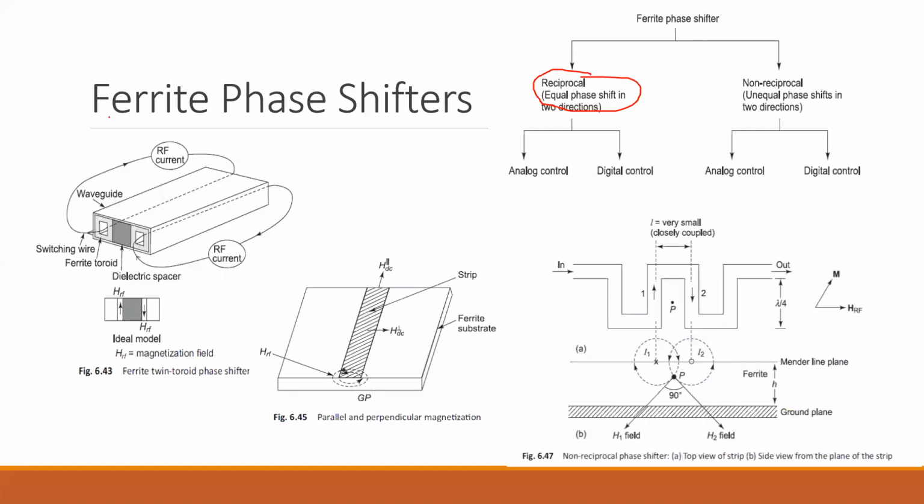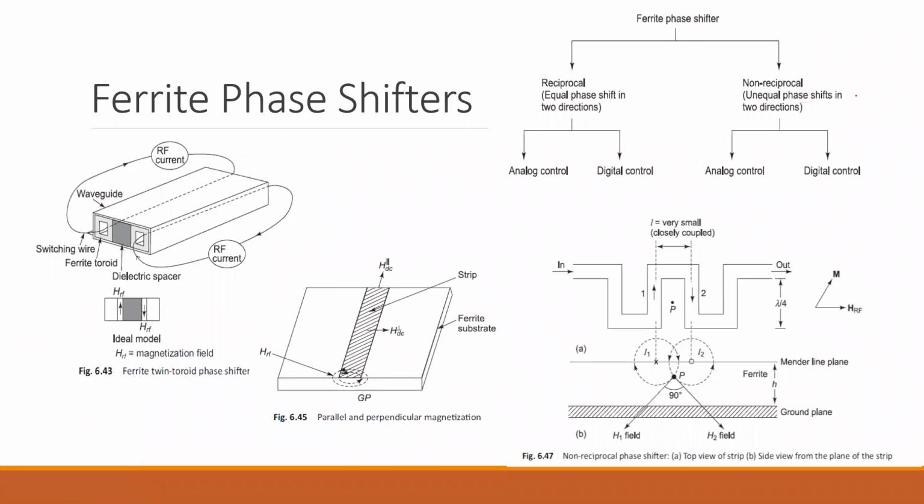But in the ferrite kind, we can have both. In one case, I can have equal phase shifts in both directions: if I introduce the wave from one end and observe at the other, and then introduce the same wave at the other end, I get the same result. Or else I can have a non-reciprocal structure, wherein in one direction there might be a phase shift of phi 1, and when I introduce the same signal from the other end, the output might not be equal to phi 1, it might be phi 2.